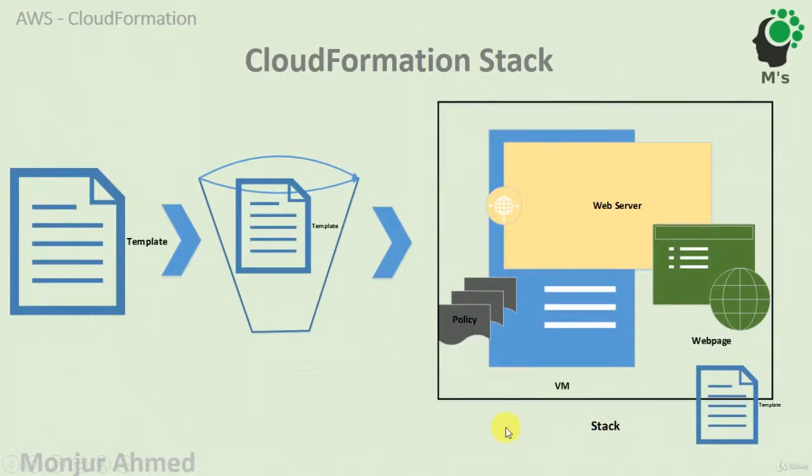So to sum up, a stack is the area, we can say a room, where all the resources and everything that is deployed by following the instruction in a template are thought of as a single unit, and that single unit is known as a stack in AWS.